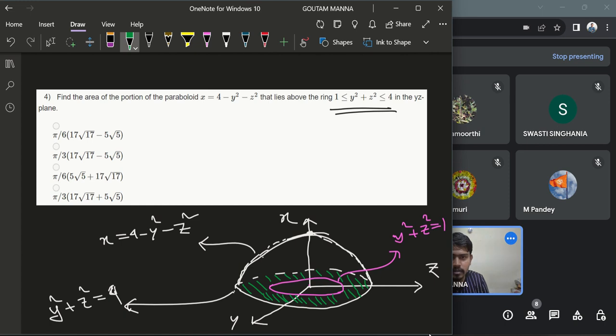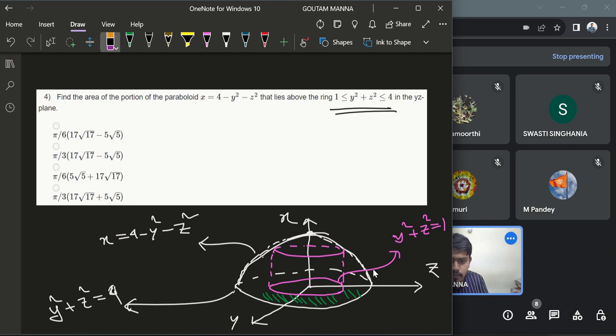This is the ring they have talked about in the question, and now we are asked to find the area of the paraboloid that will be above the ring. If I draw perpendiculars, the ring will cut the paraboloid in this section, and the area we are asked to find is this green portion.